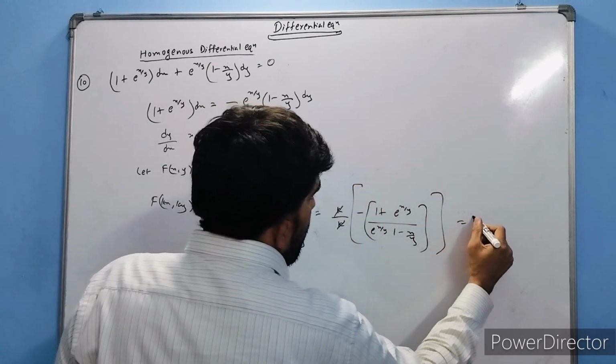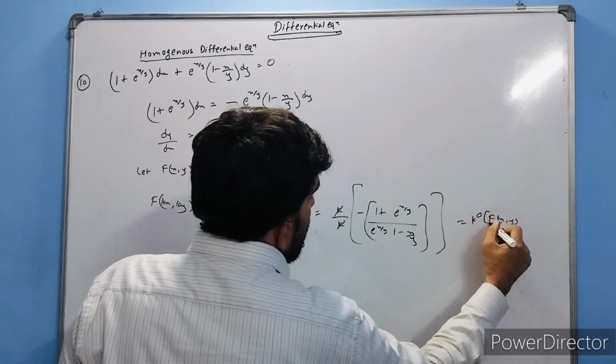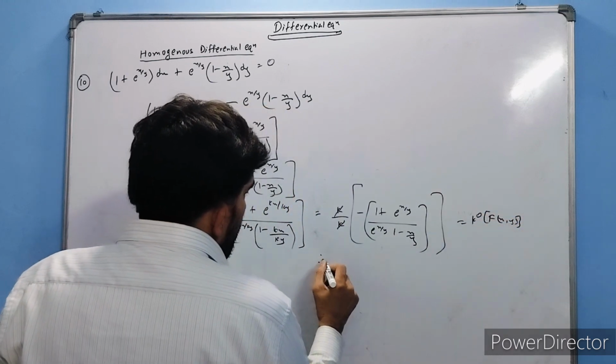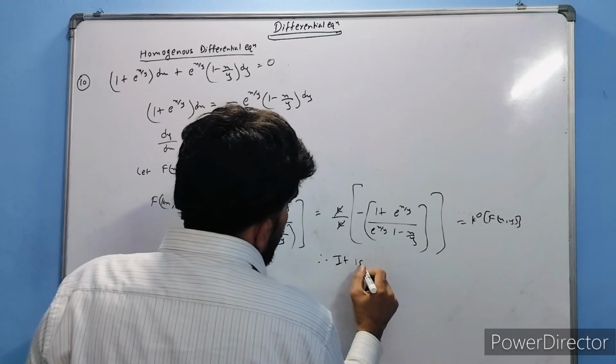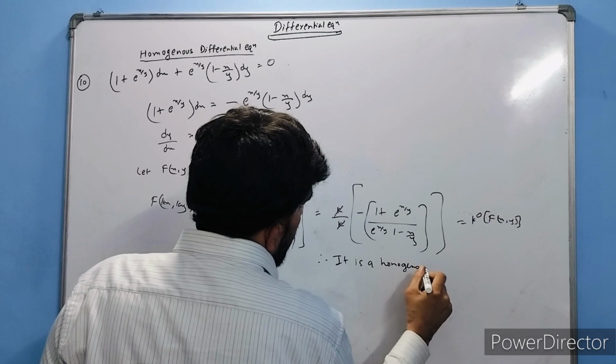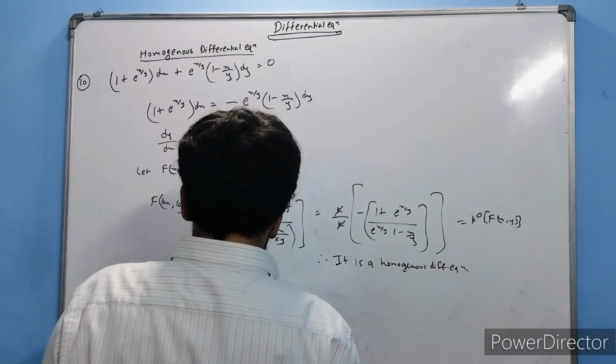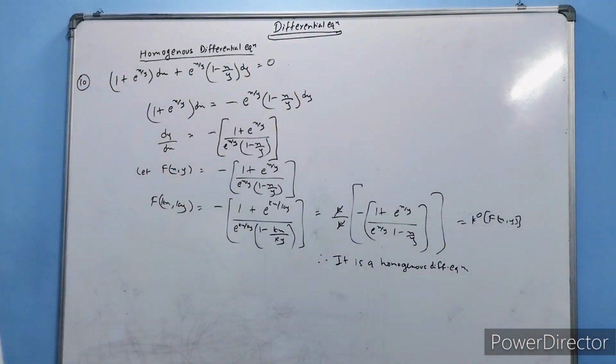So I can write k raised power 0 f of x, y. Therefore it is a homogeneous differential equation.